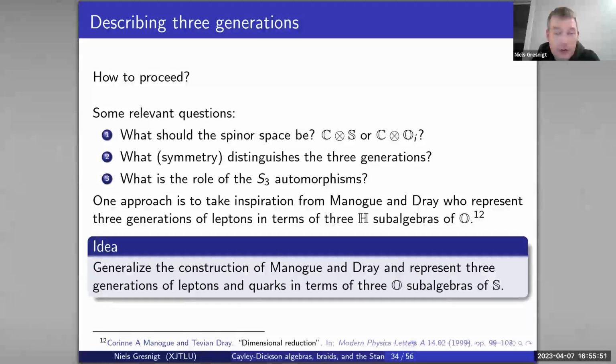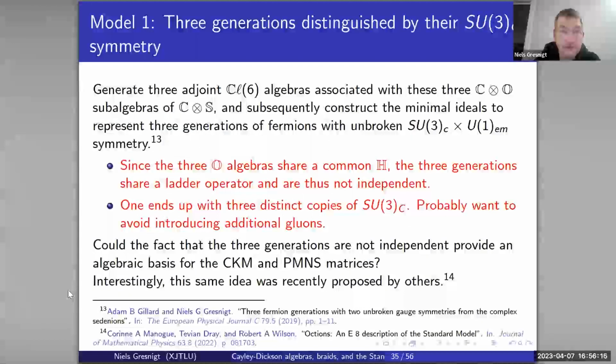So the first idea, which I just mentioned, was to basically generalize the idea of Manogue and Dray, where they represent 3 generations of leptons and quarks in terms of 3 quaternion subalgebras of the octonions. So can I generalize that to describe 3 generations of fermions, so both leptons and quarks, in terms of 3 octonion subalgebras of the Sedenions?